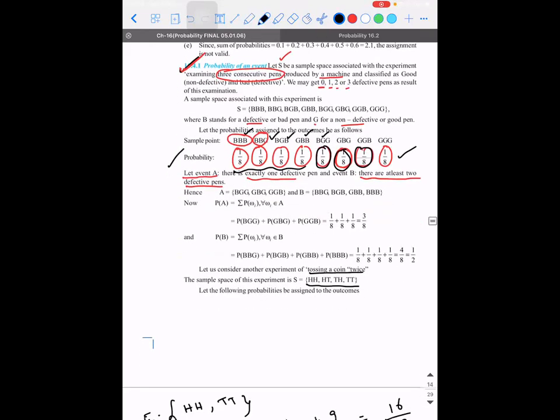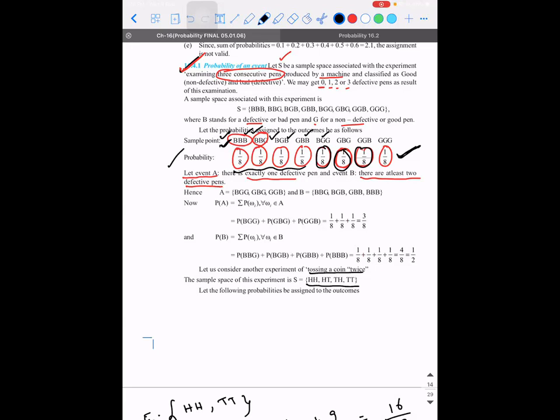And this is the reason why we are able to add the probabilities here, because each sample point is mutually exclusive with another sample point. If you take a simple event, each simple event is different. All the simple events are definitely mutually exclusive, because BBB is a simple event, BBG is a simple event.